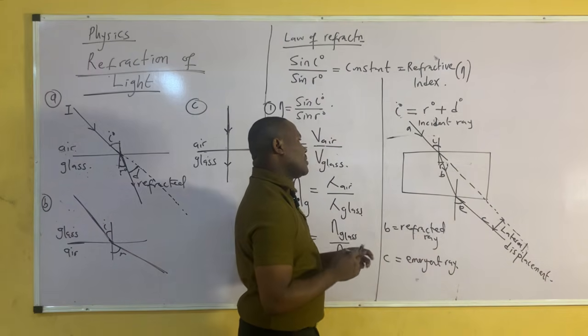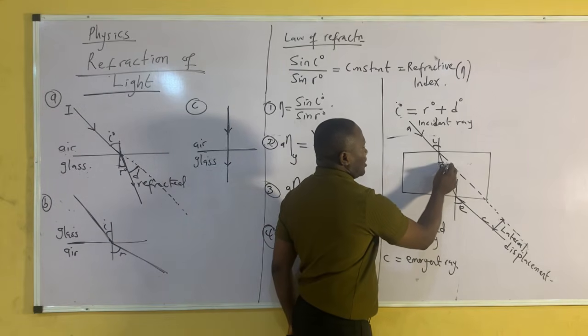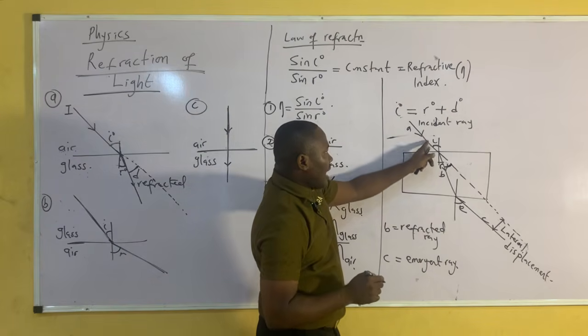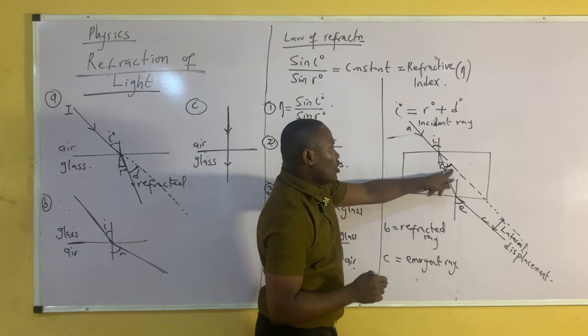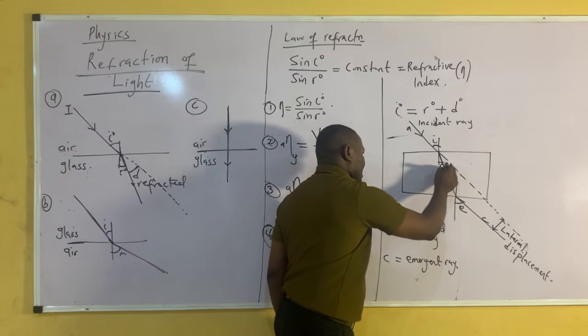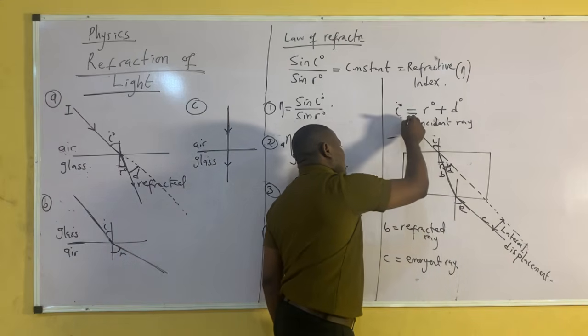Take note of this. This is your angle of refraction. This is your angle of deviation. So I equals r plus D. Take note of this. This is the refracted ray and this is the emergent ray, while this is the incident ray.